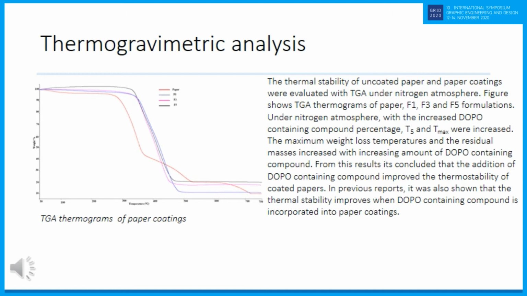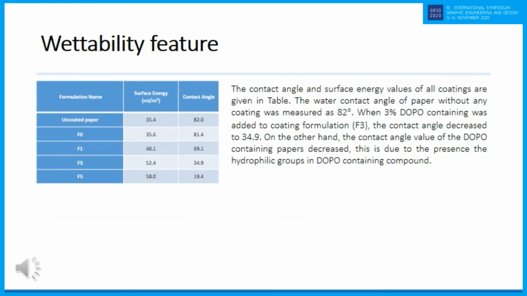In previous reports, it was also shown that the thermal stability improves when DOPO containing compound is incorporated into paper coatings. The contact angle values and surface energy values of all coatings are given in this table. The water contact angle of paper without any coating was measured as 82 degrees.